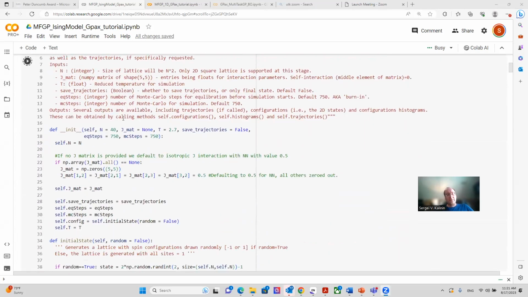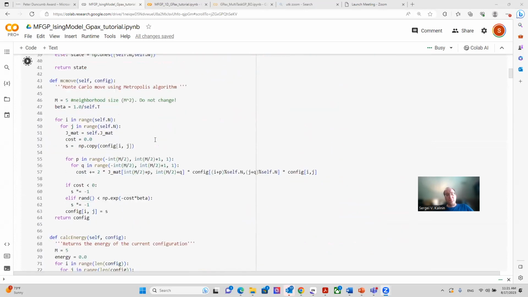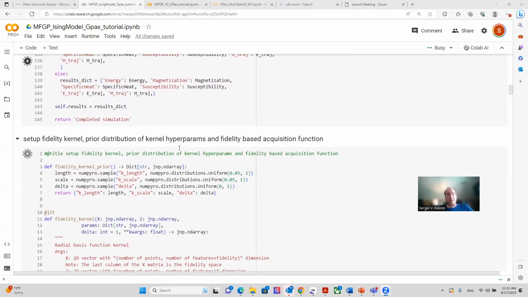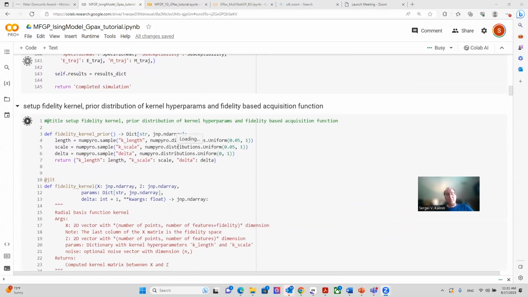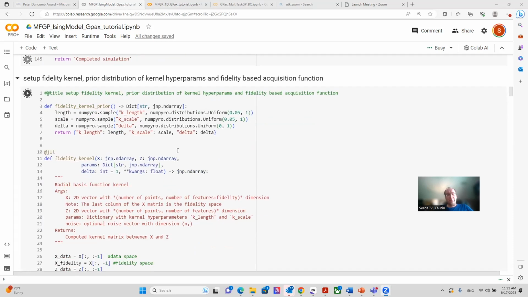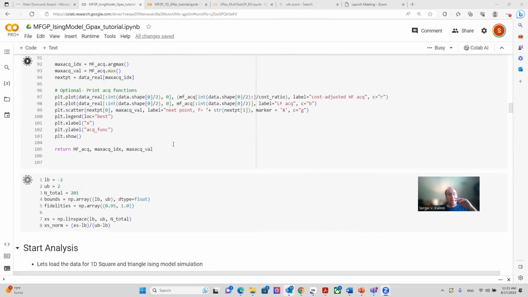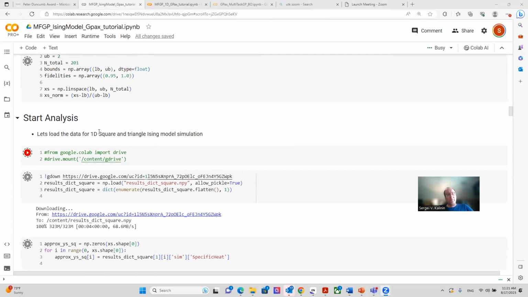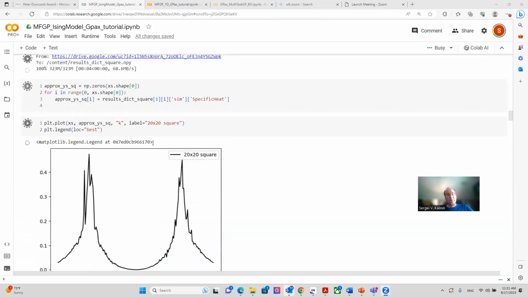So in this case, we basically use the toy model, which is a simple Ising model on the square lattice. So a relatively simple case. We set up our 5-fidelity kernel, the same way as in the previous notebook. And then we evaluate our data for the square model.